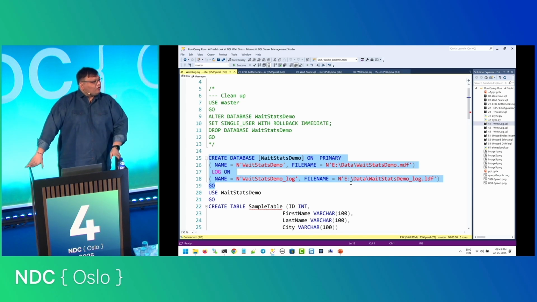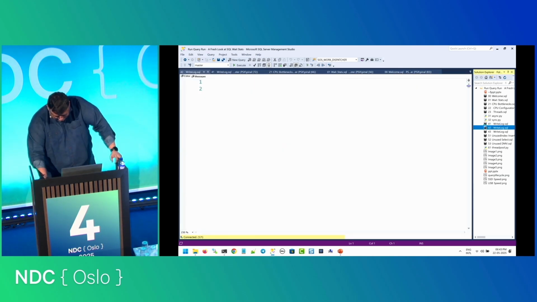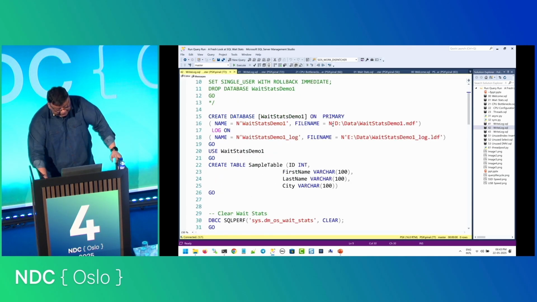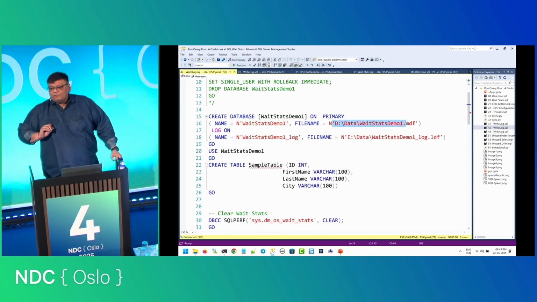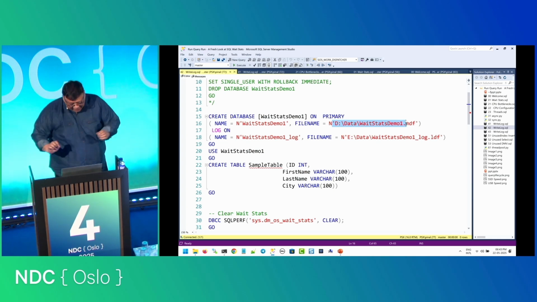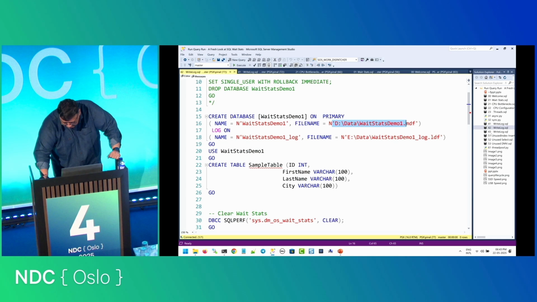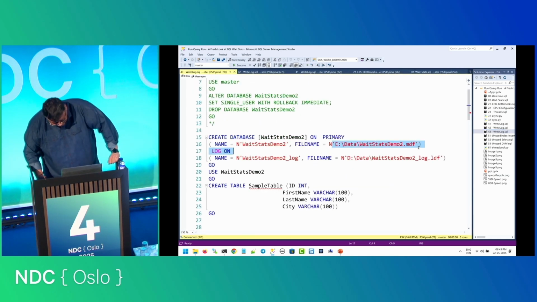The E drive on my system is not fast enough, I know that. Second, I am going to put my data on the fastest possible drive on my system. It's super fast. In the third case, I'm going to put my data on a slow drive, but my log on a fast one.